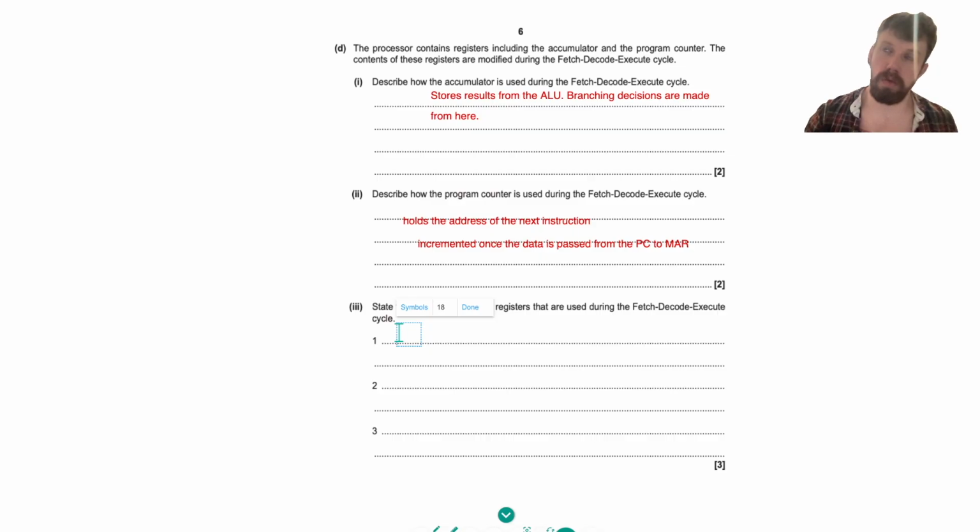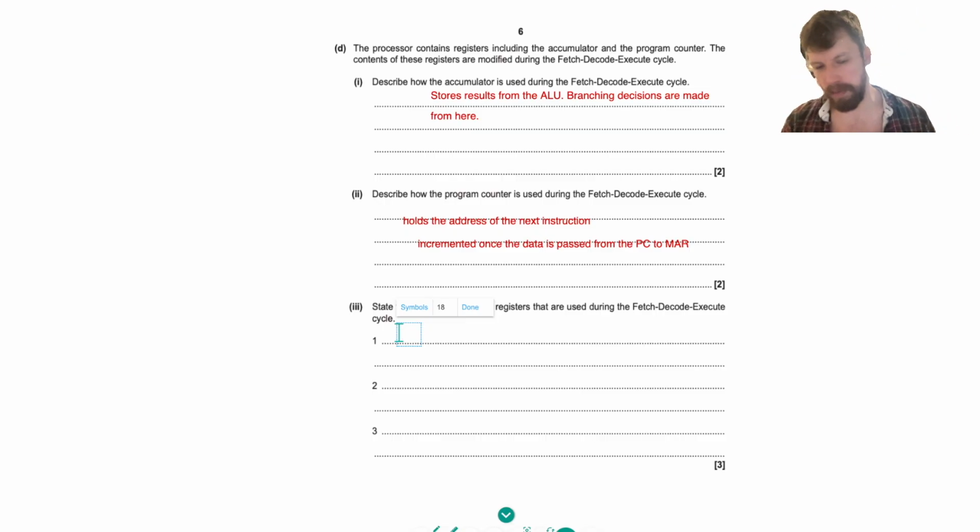I couldn't award the mark one year if I said the program counter passes the address to the memory address register, because there's an inference that the program counter has done the passing and it's actually the CPU which does it. I wouldn't be able to award the mark, which I thought was super harsh, but I don't make the rules.